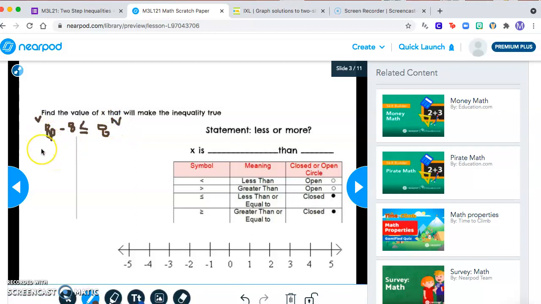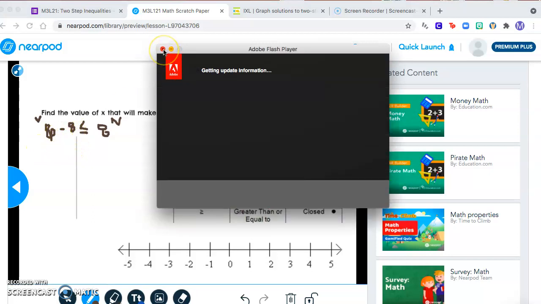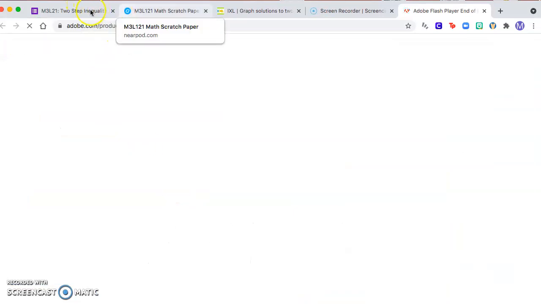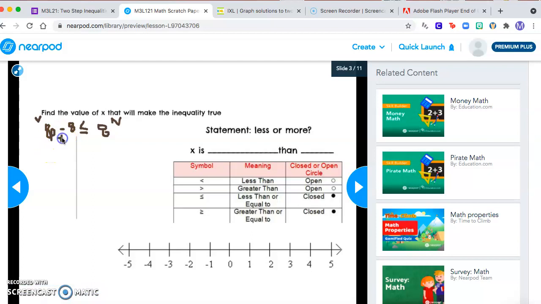You want to figure out what p is, so what you have to do is you have to add... okay, don't know what happened here. So we want to get p by itself, so first we get rid of the constant, the number without the variable. So just to refresh your memory, we add 8 on both sides here. There's a lot of 8s in this one.